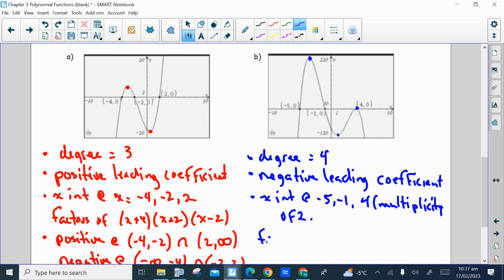And then our factors would be x plus 5, x plus 1, and x minus 4, but the x minus 4 has to be squared. The graph bounces off the x-axis, so that factor, like the 0, has a multiplicity of 2.